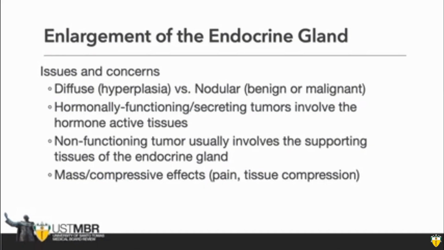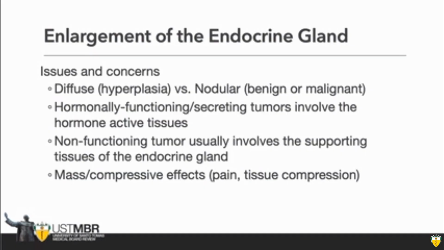Not all nodules within the endocrine gland are hormonally functioning. And if they are non-functioning, you want to determine where it's coming from, or it's typically a tumor of the supporting tissues of the endocrine gland and not the hormone producing cells of the endocrine gland.